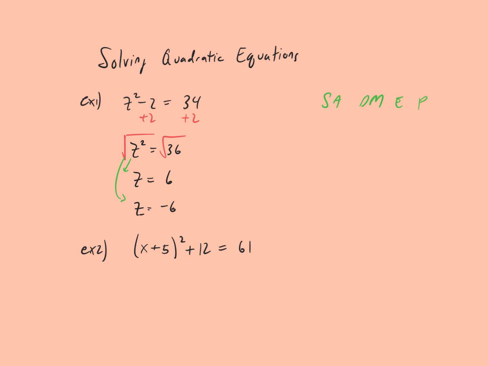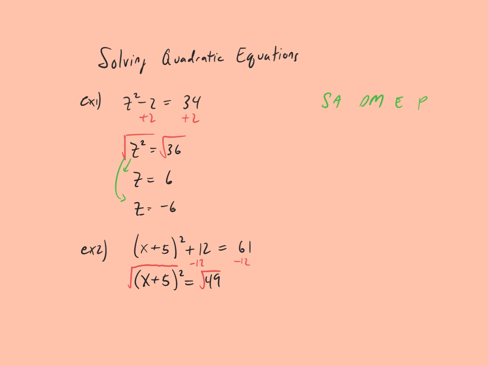So I want to look on the outside of the parentheses for any subtraction or addition to do. So I've got subtracting 12 to do. So I get x plus 5 squared equals 49. And then I'll look on the outside of the parentheses for anything to do. So I've got no division or multiplication to do, but I do have an exponent to get rid of on the outside. So I'm going to square root both sides.